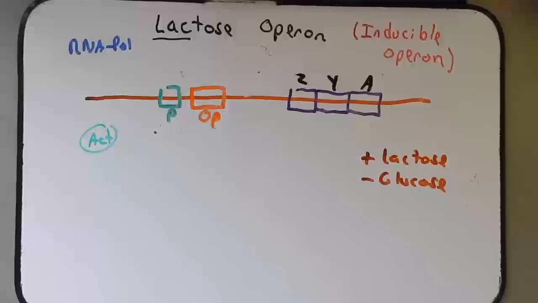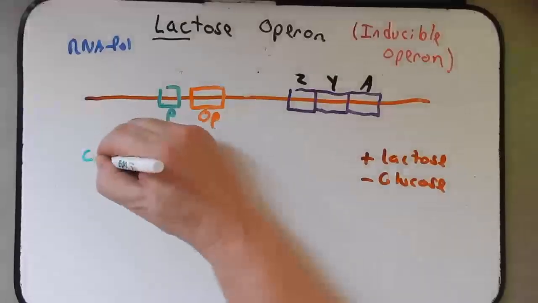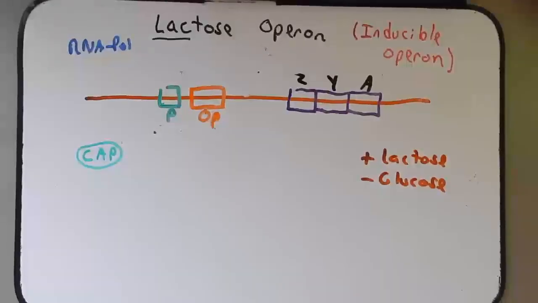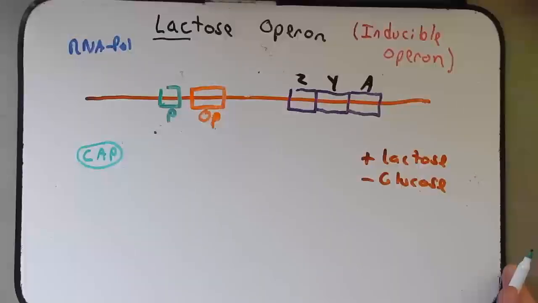It's no longer near here. And now we need to bring the activator to the promoter. So I'm going to give the activator a specific name now. The activator for the Lac Operon is called CAP. Once CAP binds to the promoter, it will recruit RNA polymerase and we can turn these genes on.